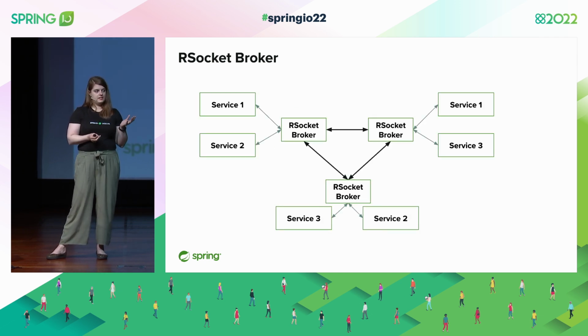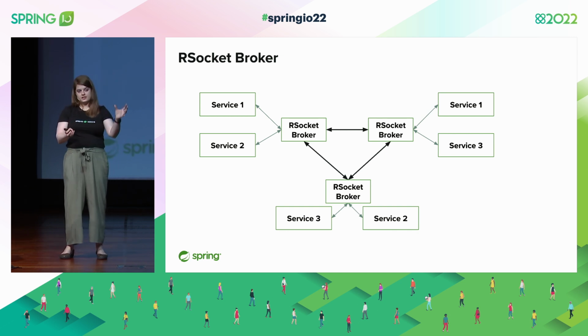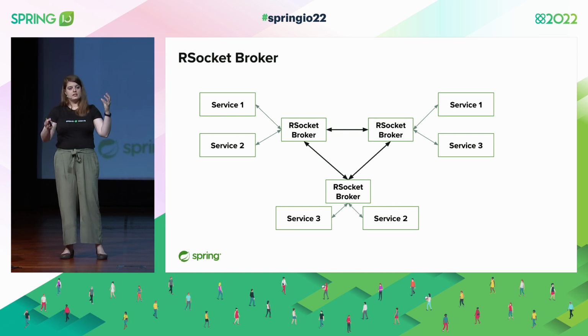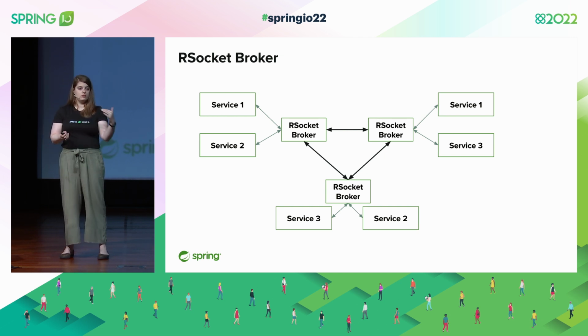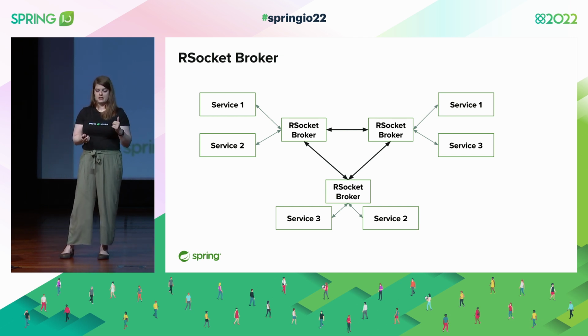So it is a distributed broker because, as you see, while services can register with a broker, the broker instances can also connect with each other. And in this way, we can perform all the routing and also load balancing underneath.